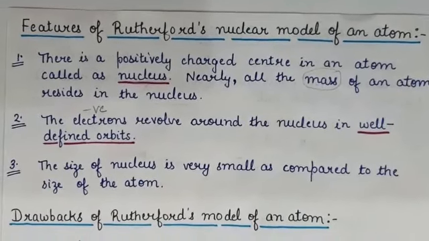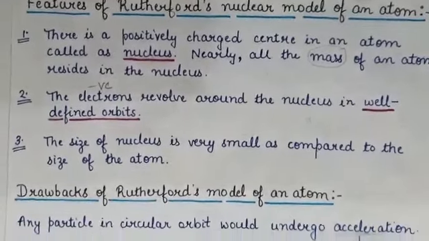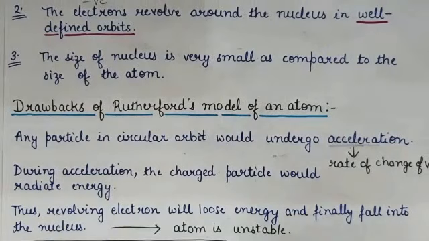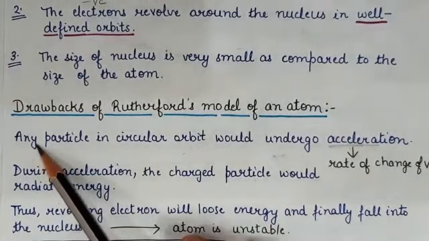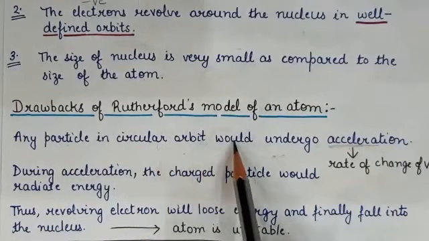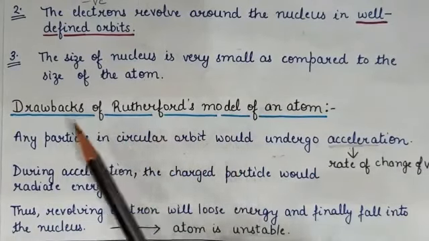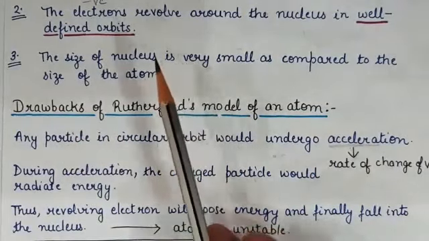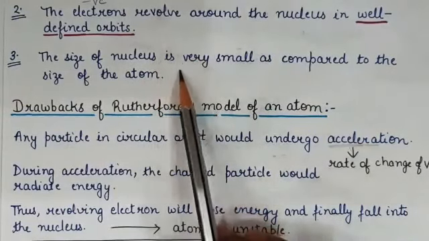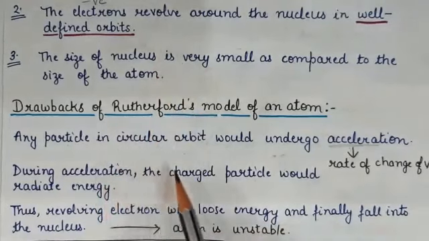Coming to the next topic, what are the drawbacks of Rutherford's model of an atom? Now, any particle in circular orbit would undergo acceleration. In this case, which particle is revolving in the circular path? It is the electron, which is a charged particle.